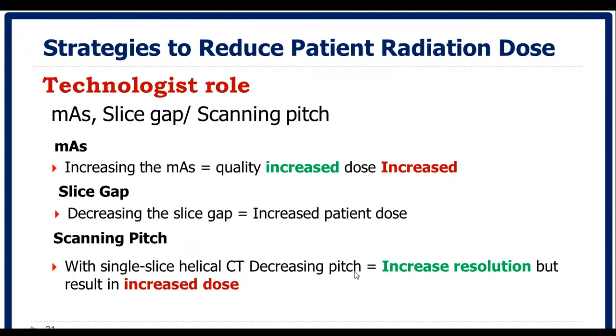And the scanning pitch, the movement of the table through the gantry, with single slice helical CT, decreasing the pitch increases resolution, but results in increased dose. This pitch is programmed in the protocol as well as the mAs and the kV, but qualified technologists also have the ability to modify these factors if required.